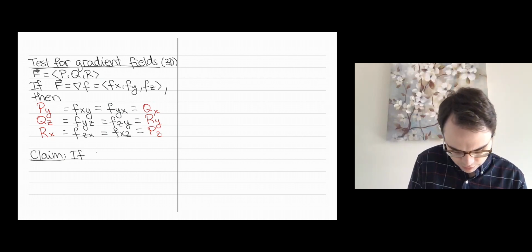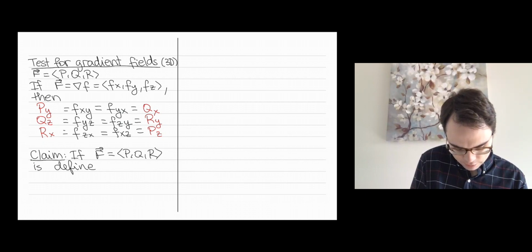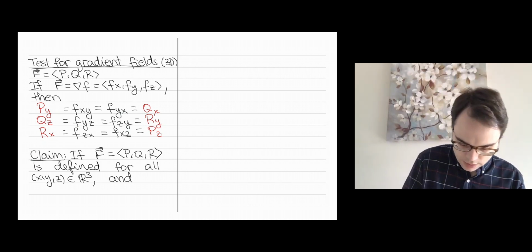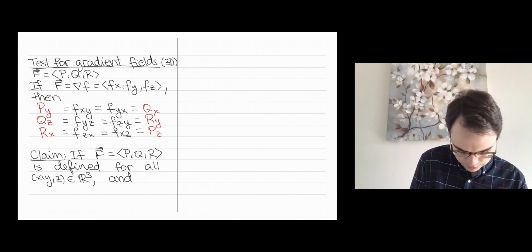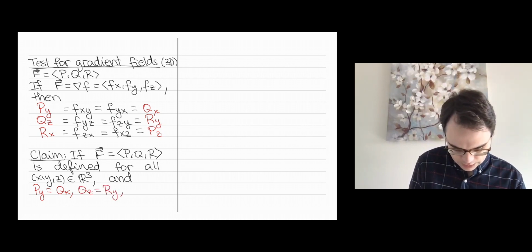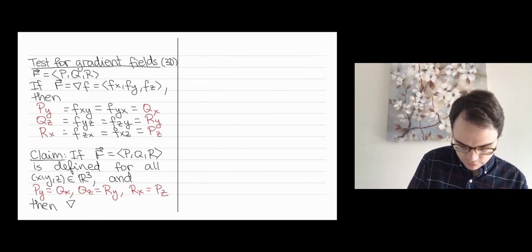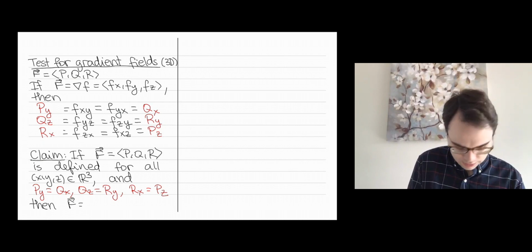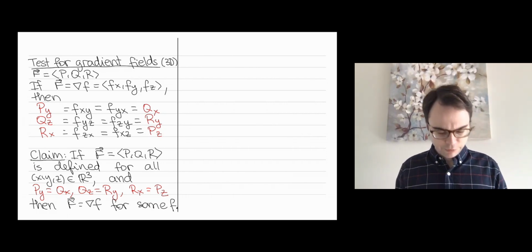statement. If my vector field F, which has components P, Q, and R, functions of x, y, and z, is defined for all x, y, and z, so at all points in three-dimensional space, and I know that these three equations between partials hold, that's saying P sub y is equal to Q sub x, Q sub z is equal to R sub y, and R sub x is equal to P sub z, then the vector field is the gradient of a function, for some function of three variables.